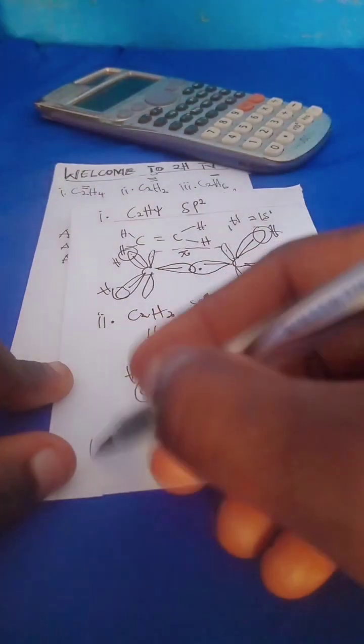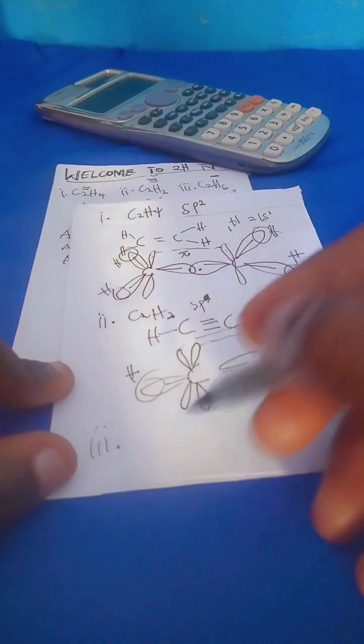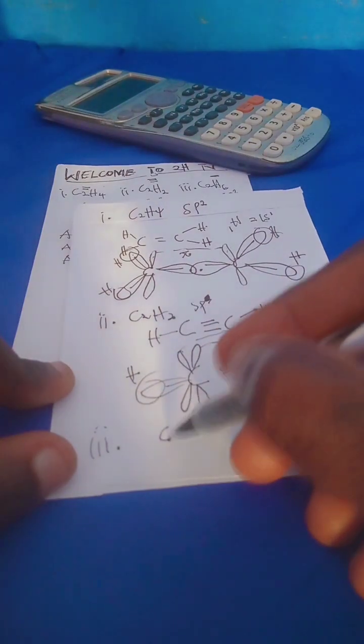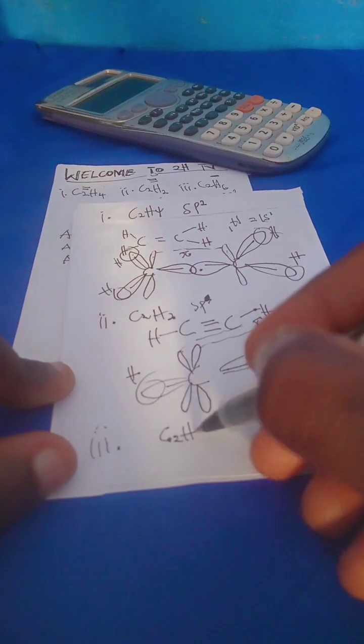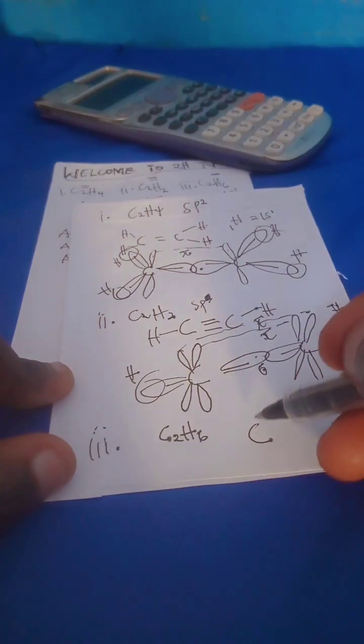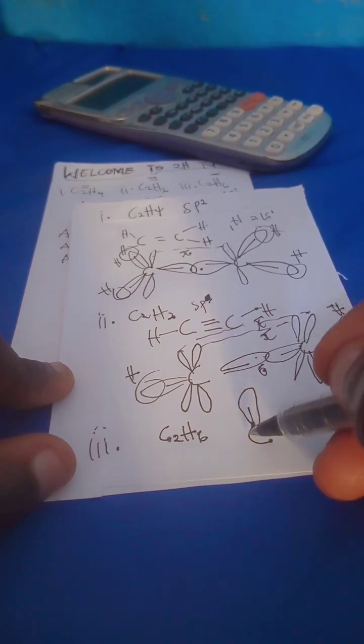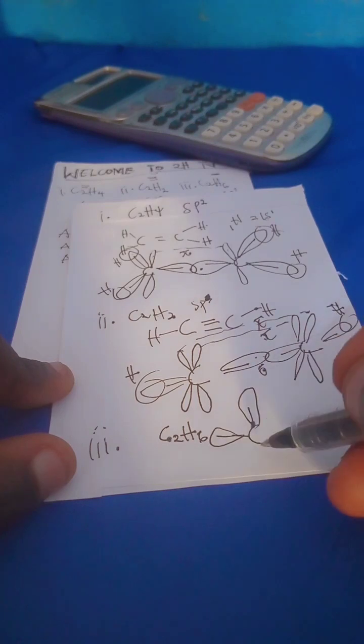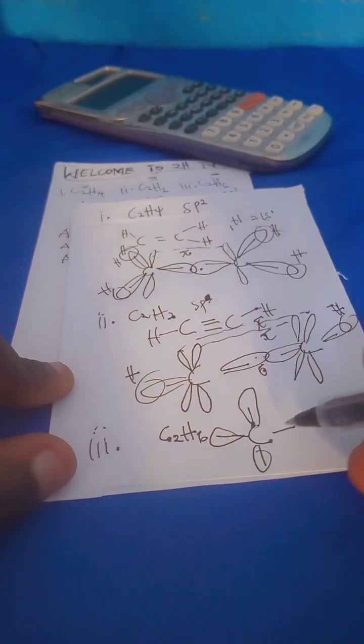Then let's look at the last one, C2H6. One carbon will take three of the molecular orbitals, and they share one together.